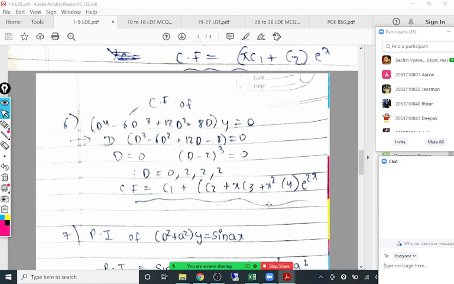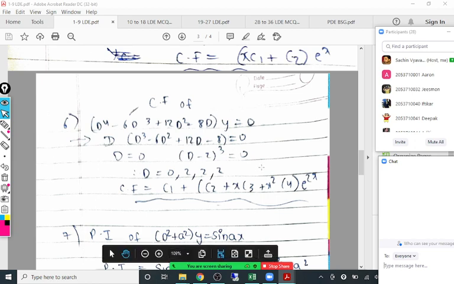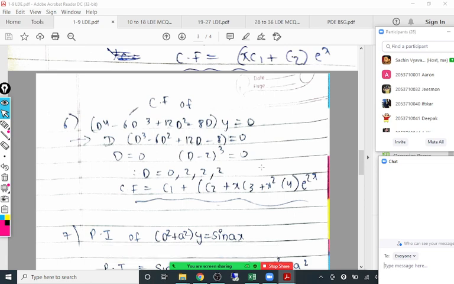There is an alternative way also, where you can do it a little smartly. If you have the differential equation and the CF is given in MCQs, you will have 4 answers there. You will get the roots indirectly.